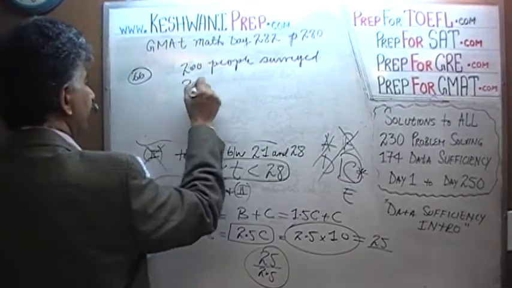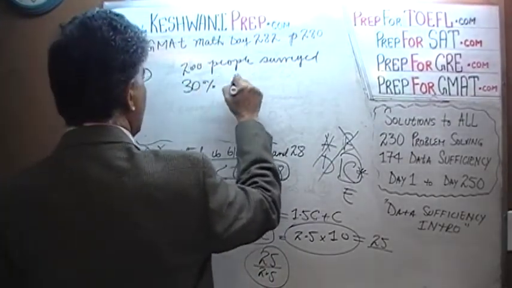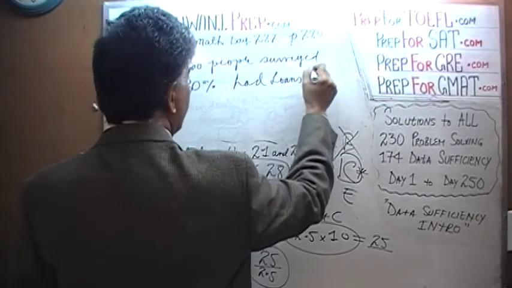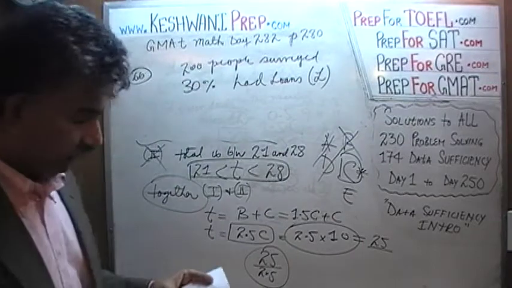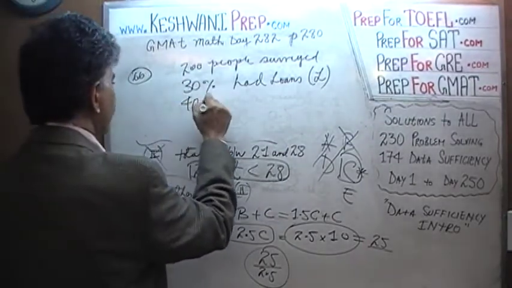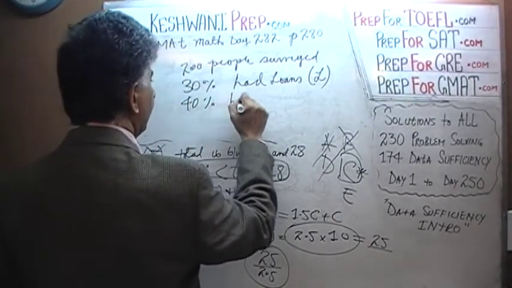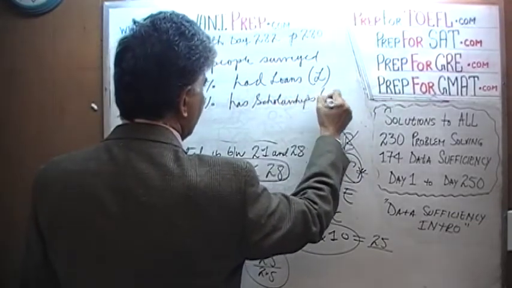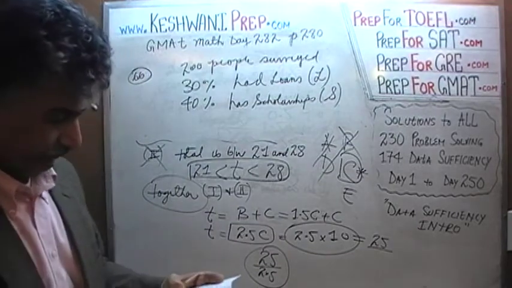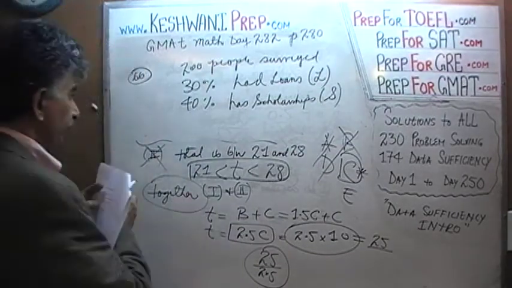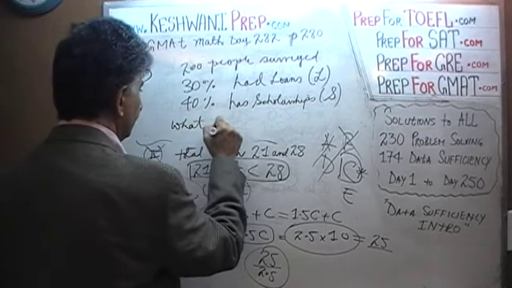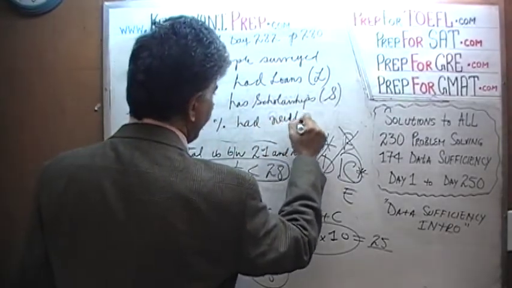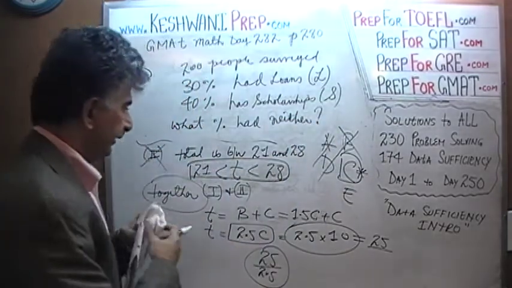We are told that 30% had loans, and we're going to represent those people by letter L. We are also told that 40% had scholarships, and we're going to represent those people with letter S. The question is, what percent had neither?